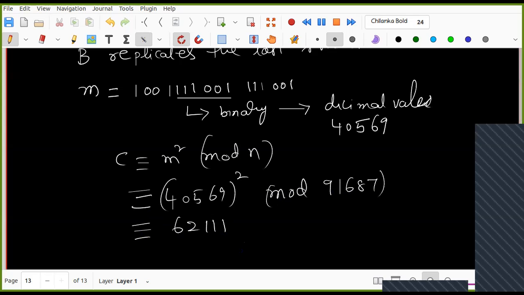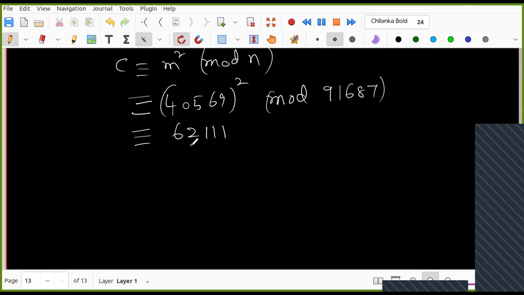Right. Now, when I square, I'll find the square roots by my earlier technique.